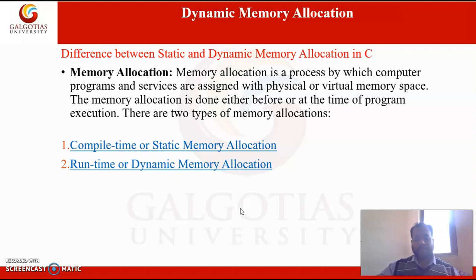The next one is runtime or dynamic memory allocation, where memory is allocated to variables during runtime. So this is the basic difference. Whenever we use functions like malloc, calloc, realloc, it happens at runtime.